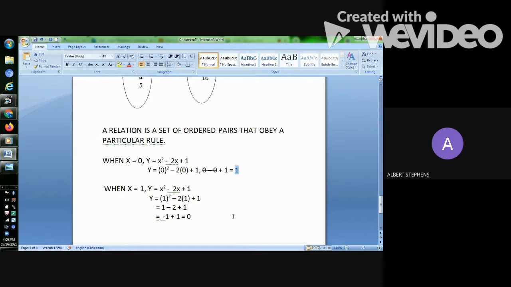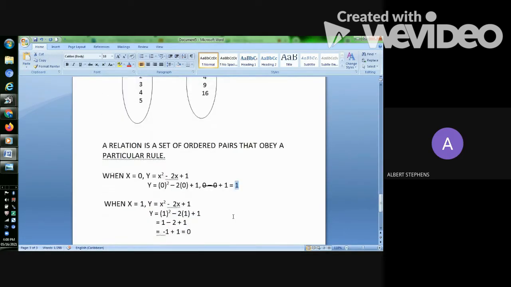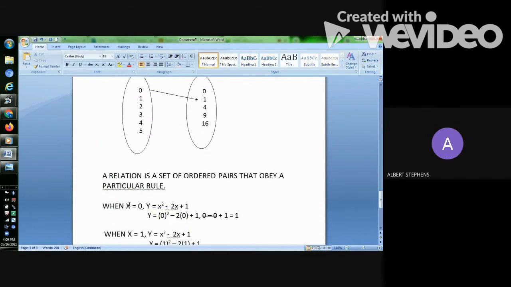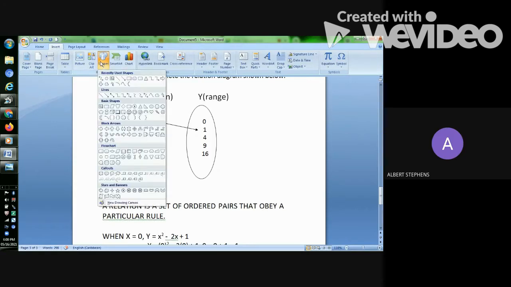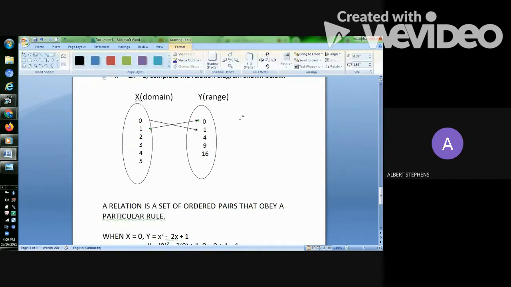I don't know. But anyways, now you go to the diagram. So we're gonna start our arrow when x is equal to 1, and you end up with 0. So you have something like this. So x is 1, and that will go towards the 0.